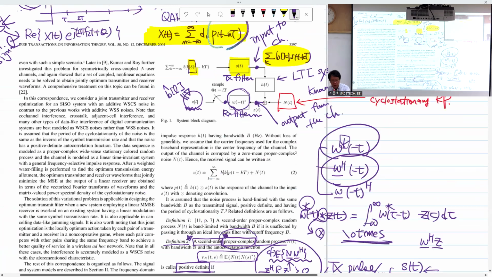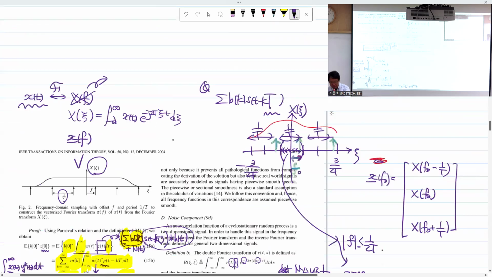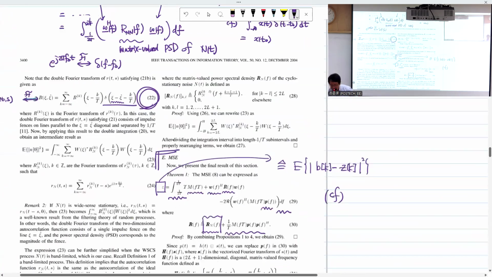Output was Z of T. This is very confusing. Okay, I'm going to use Y. So suppose you have a vector signal model.